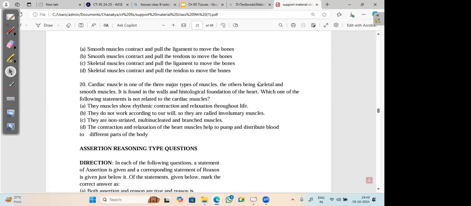The muscles show rhythmic contraction and relaxation throughout life. They do not work according to our will, so they are called involuntary muscles. The contraction and relaxation of heart muscles help to pump and distribute blood to different parts of the body. So which of them are incorrect?